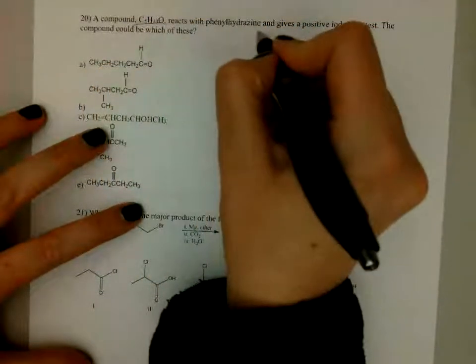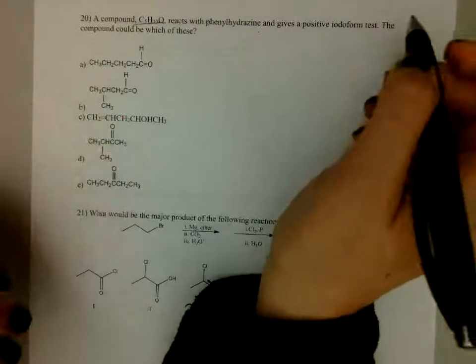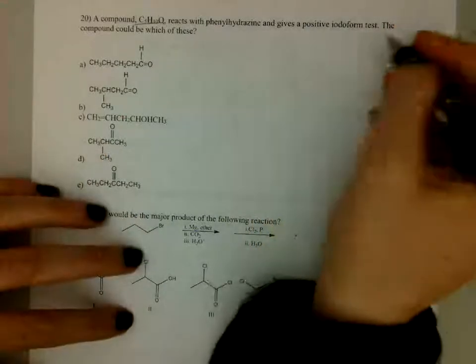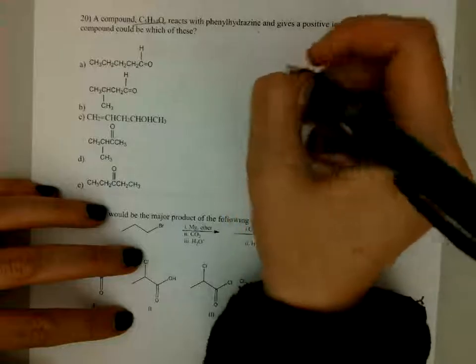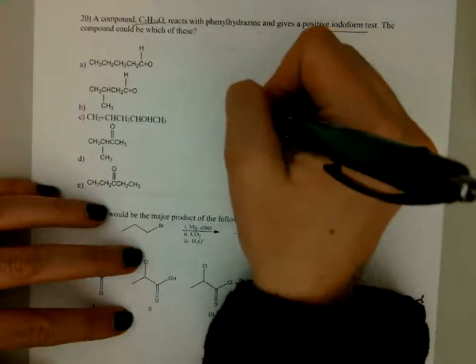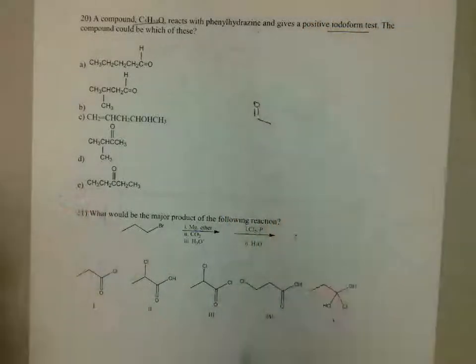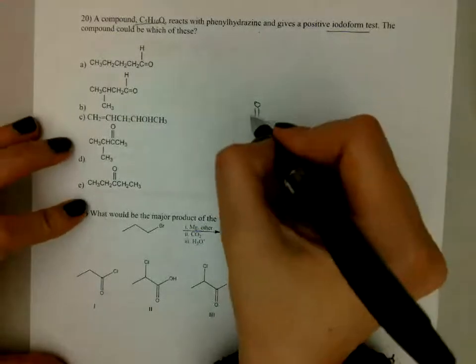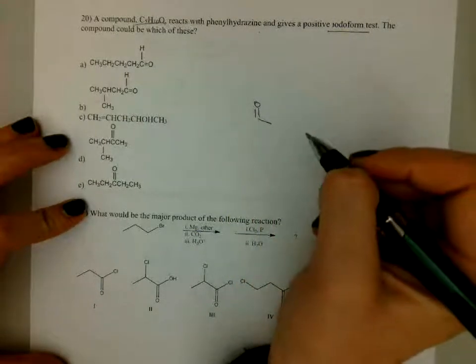So this reacts with phenylhydrazine and gives a positive iodoform test. The compound could be which of these? Well, for a positive iodoform test, we know that we at least need to have an alpha carbon with 3 hydrogens. That's very important. So we know at the very least it needs to look like this.